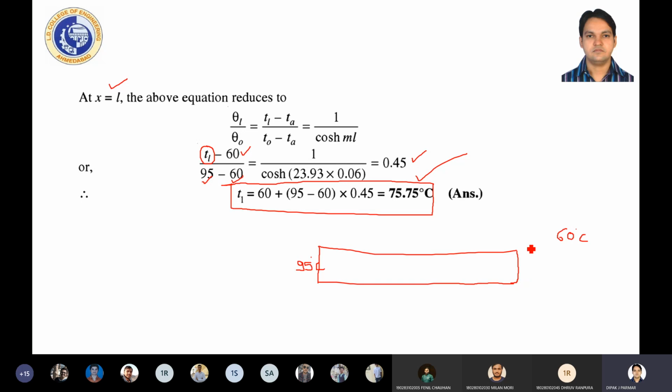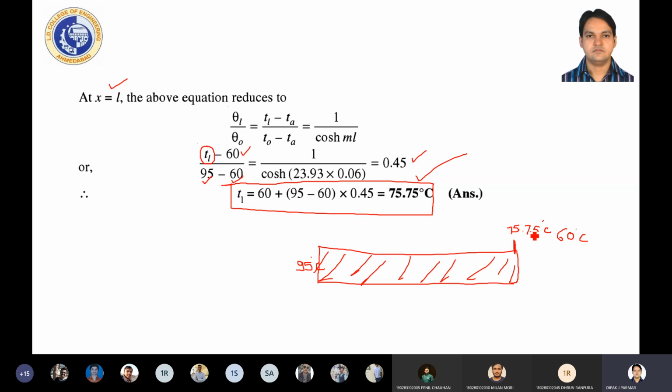We have calculated that at x equal to L, the temperature at this point is 75.75 degrees Celsius, right? And that is why we are getting efficiency equal to 62%. If we assume that throughout this object the temperature is 95 degrees Celsius, then the heat transfer rate will be a maximum, right?